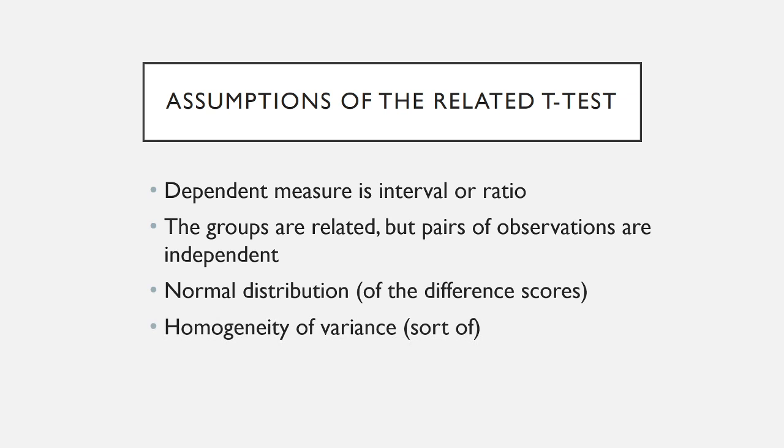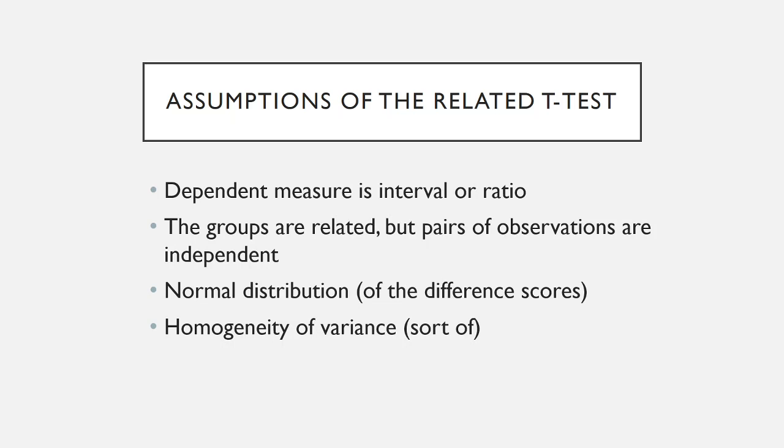This homogeneity of variance piece that I mentioned in independent samples t-tests, it's theoretically meant to have this assumption met in the related samples t-test as well, but it's not quite as conceptually important. I've linked some information in the notes of this slide on what homogeneity of variance for the related samples t-test even means. There's some statisticians who argue that homogeneity of variance in the context of this test doesn't really mean much.